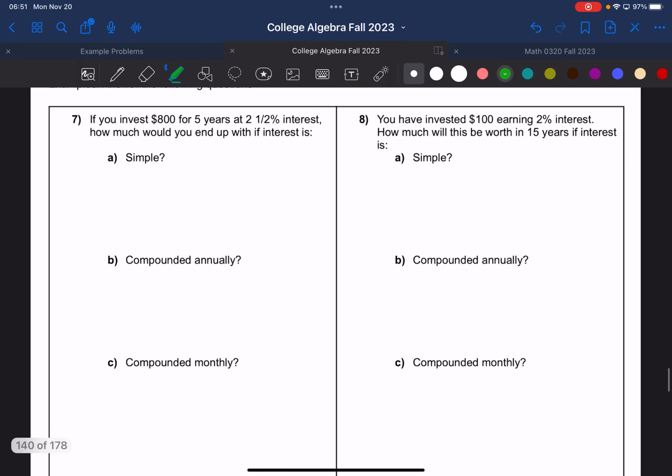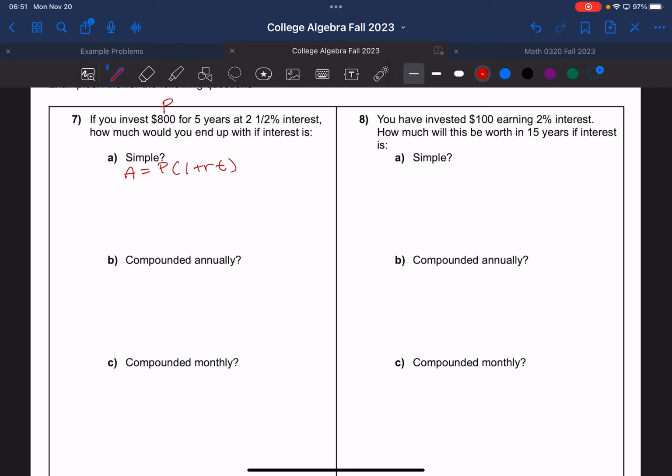So remember, the simple interest formula is A is equal to P times 1 plus RT. Okay, we're trying to find A. We're trying to find that final amount. How much would we end up with? Okay, so principal is whatever we start with. So how much did we start with? 800. So I'm going to label it in the problem. So 800 is P.